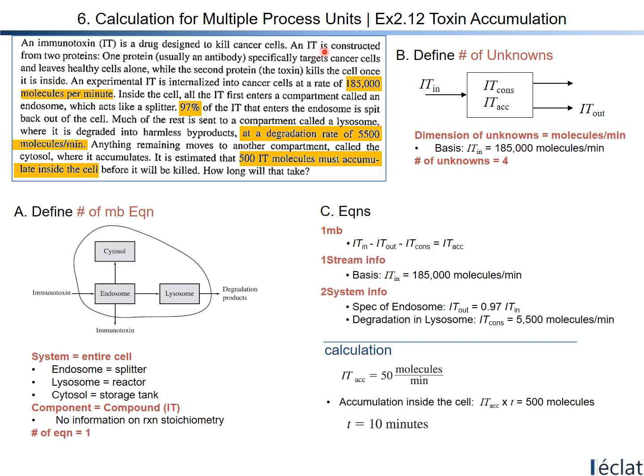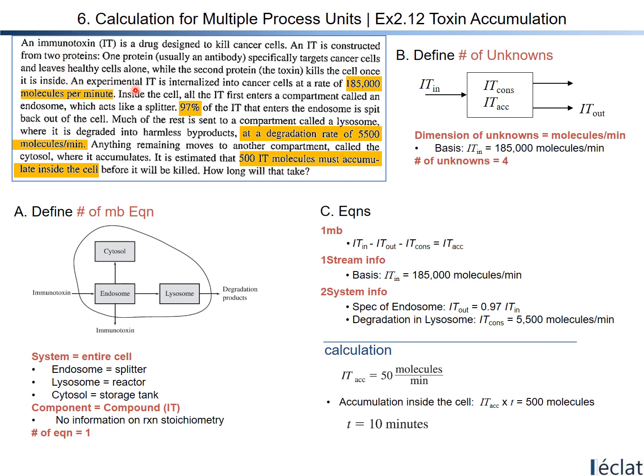An IT is constructed from two proteins. One protein, usually an antibody, specifically targets cancer cells and leaves healthy cells alone, while the second protein kills the cell once it is inside. Anyway, it is a kind of introduction about the immunotoxin.